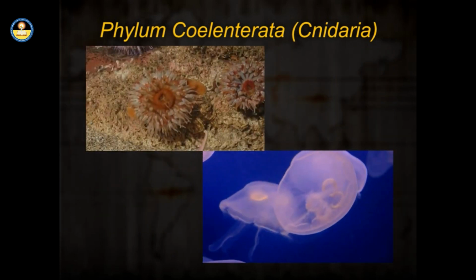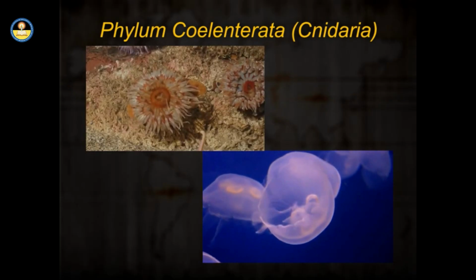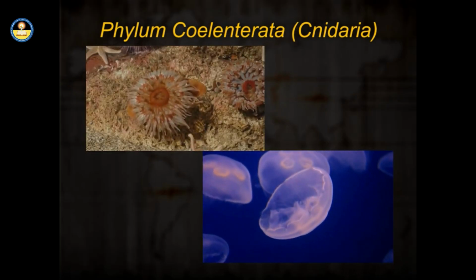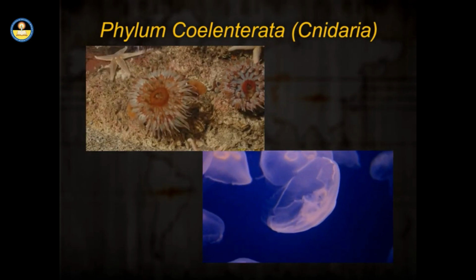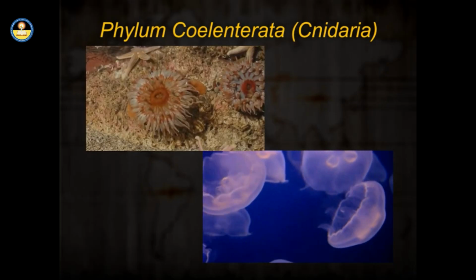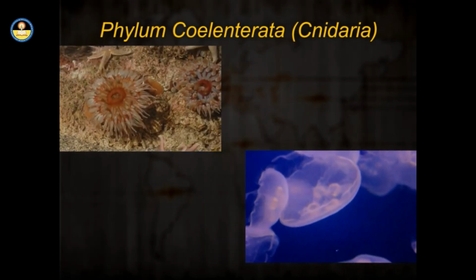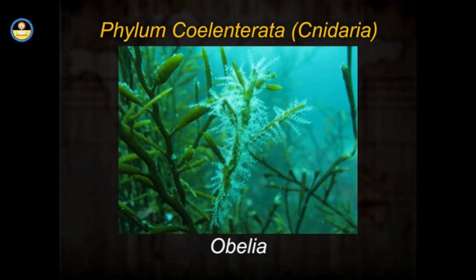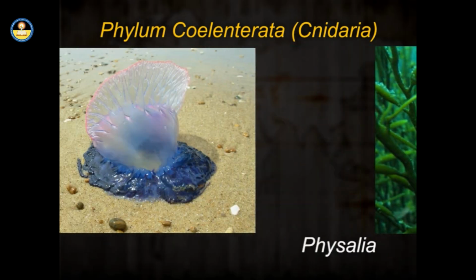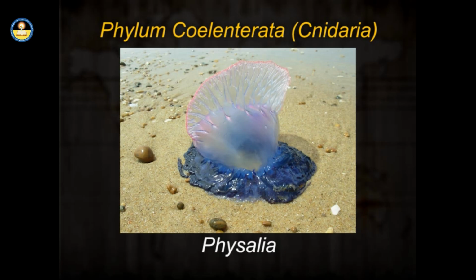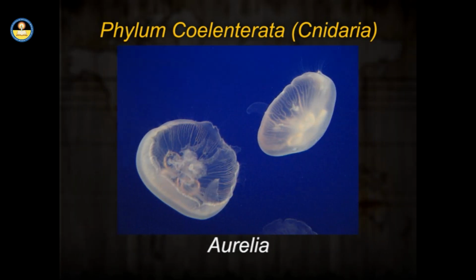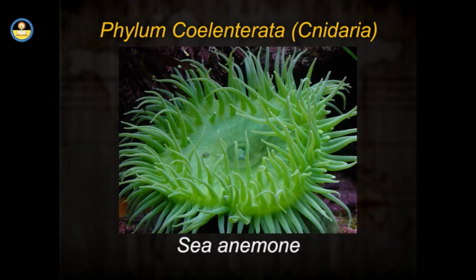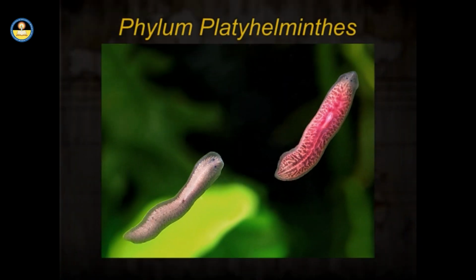The skeleton of these animals is made of calcium carbonate and produces corals. Some examples of cnidarians are Hydra, Obelia, Physalia, Aurelia, and sea anemone.